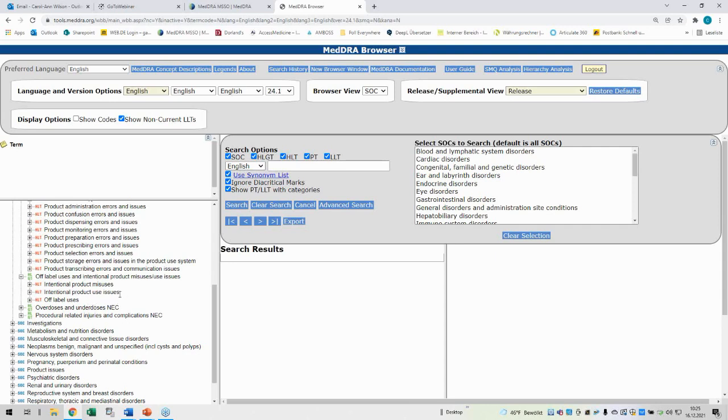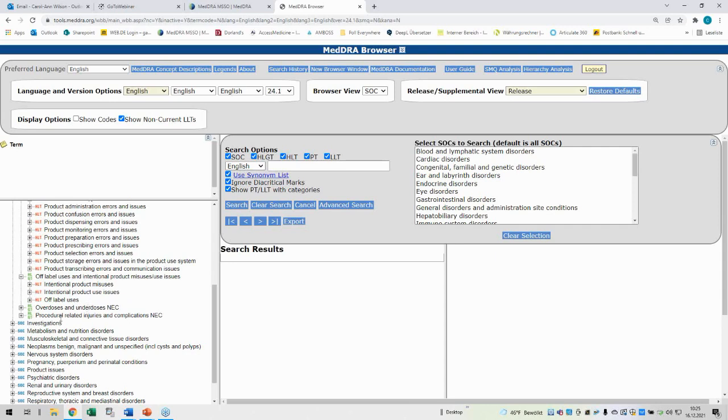And intentional product use issues, they refer to intentional deviations where it's unknown whether it was for therapeutic purposes, both by patients or consumers. Off-label uses meaning intentional deviation by a healthcare professional in the context of therapeutic use.